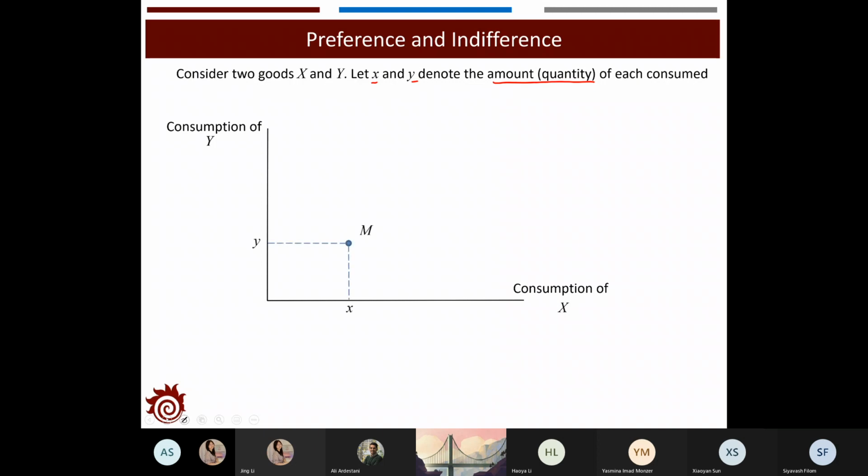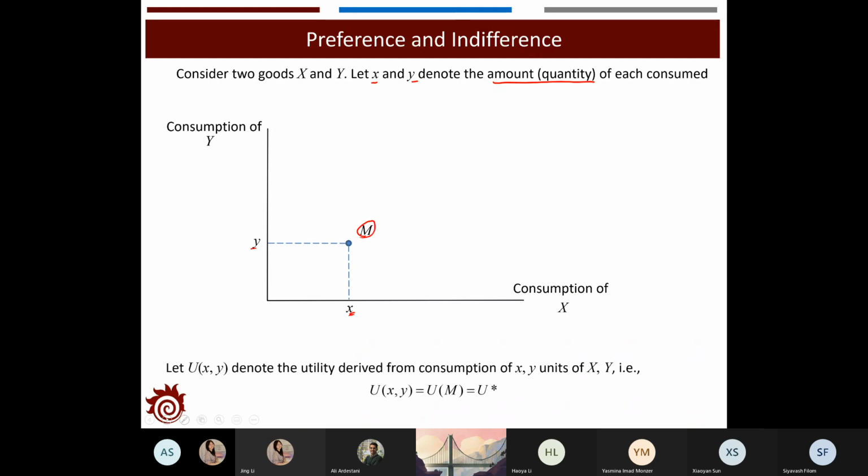At the choice of m, we choose x amount of the first product and y amount of the second product. Then this is your current choice. And now we will be able to define the utility at the choice m. So the utility at the choice m is related to the amount of x and y. So it's a function of letter x and letter y. And we say that this is the utility of m as u star.